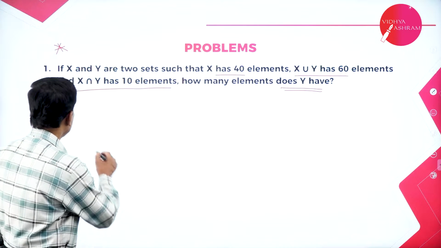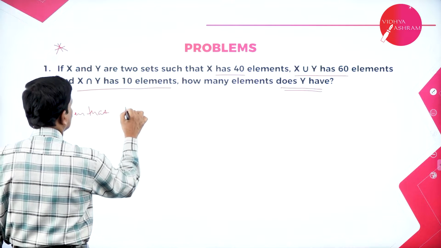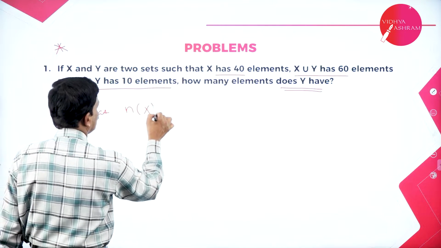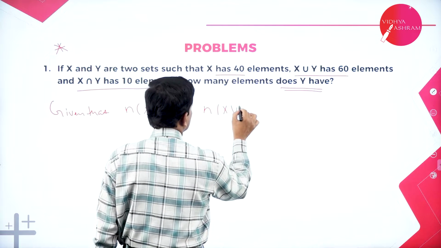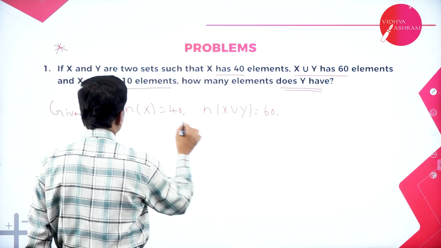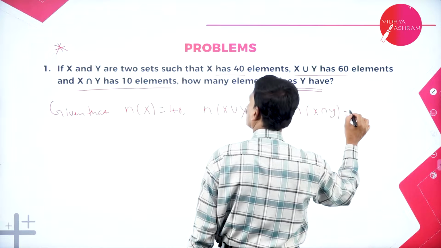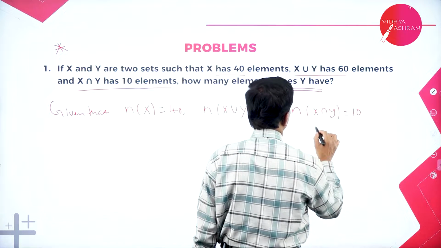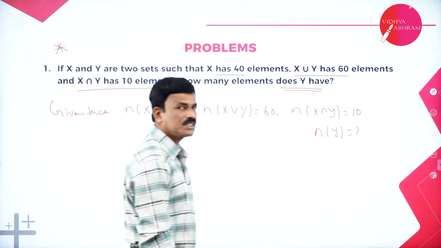See here, given that the number of elements in X, N of X, is equal to 40. The number of elements in X union Y is equal to 60. And the number of elements in X intersection Y is equal to 10. What is required is the number of elements in Y. N of Y is to be determined.